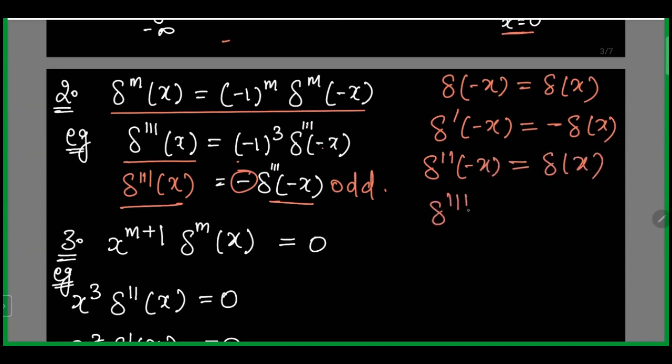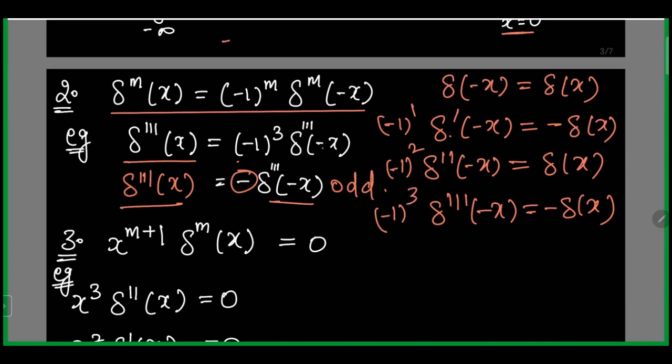If you have triple derivative, your answer is again minus of delta x. You can verify this, because in this example I will raise minus 1 raised to power m, so you will get a minus sign. In this I will get minus 1 raised to power 2, so I will not get a minus sign. In this again I will say minus 1 raised to power cube, again I will get minus sign. So you can clearly see first derivative is odd, second derivative is even, third derivative is again odd.